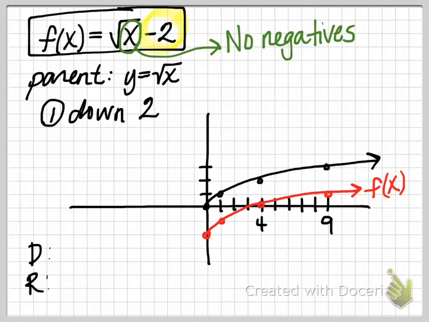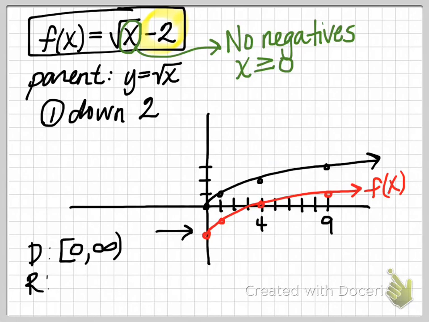We write that x, which is the quantity inside that square root, must be greater than or equal to 0. Which, written in interval notation, would be from 0 to infinity with a bracket on the 0, because we would include it. And then if you take a look at this red graph that we graphed, f of x, our graph supports the domain, that it starts at 0 and then travels to the right to positive infinity.